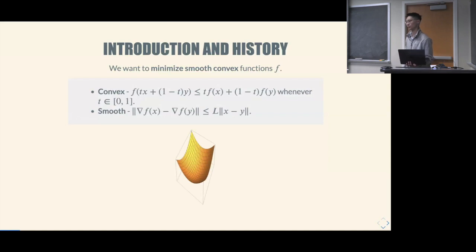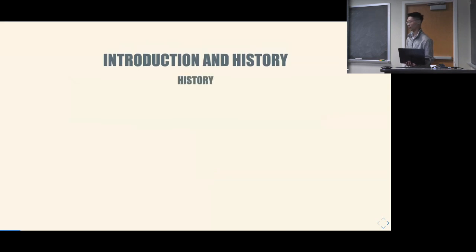Such functions appear in many optimization problems as either sort of measurements of my distance to some target thing, like in linear regression, or as regularization terms to try to smooth out some sort of data-based optimization problem.